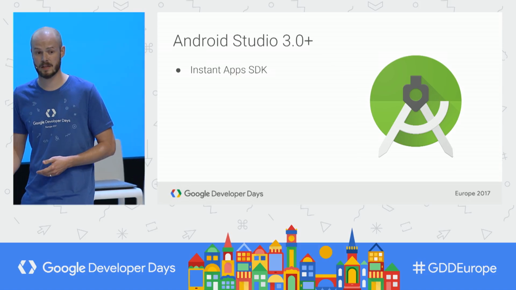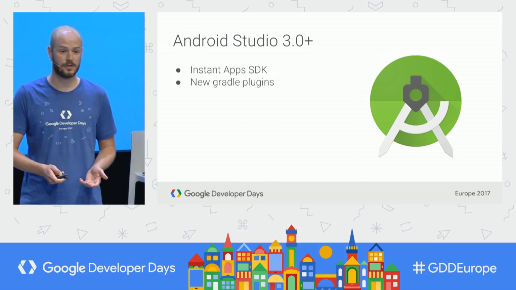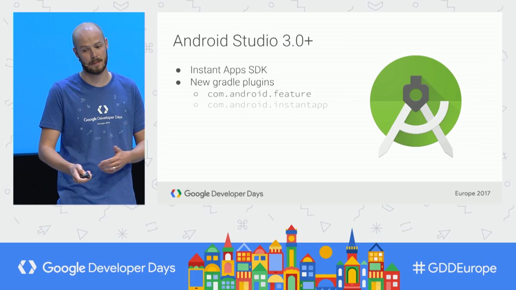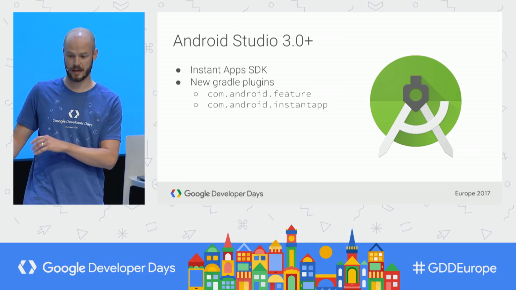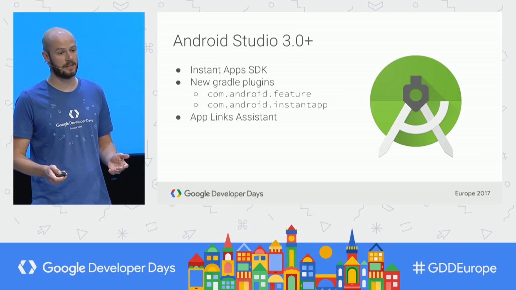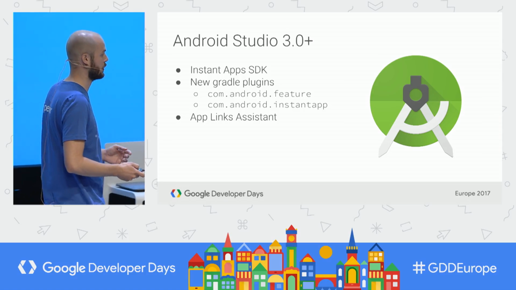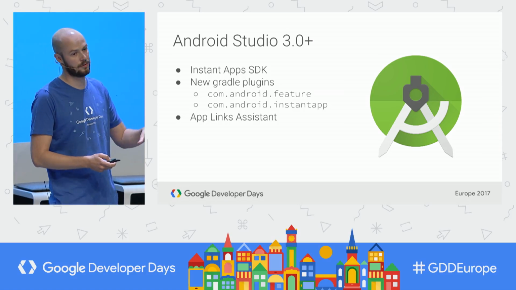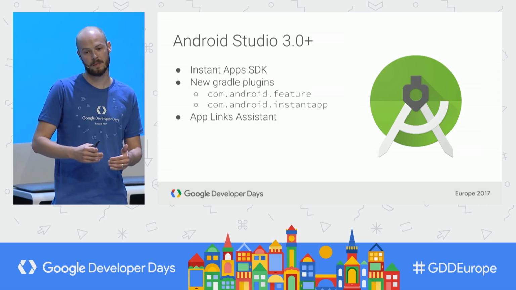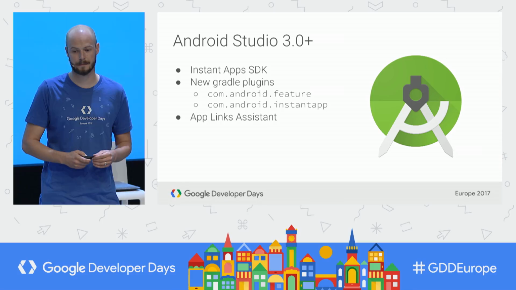There's the Instant Apps SDK that you can download. Also, there are new Gradle plugins for feature modules, which I just mentioned, as well as for the Instant App module, which we will take a look into a little bit later. Also, there's the App Link Assistant, which allows you to output a file that you can easily upload to your server to make the matching possible between the local app and your domain.